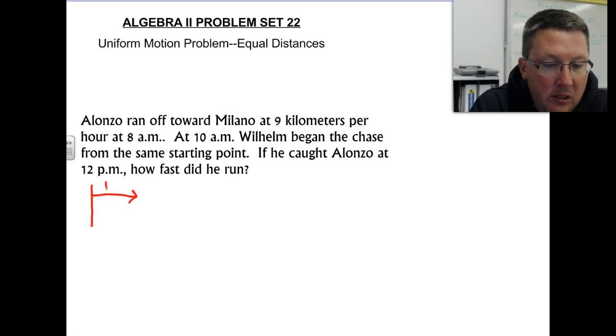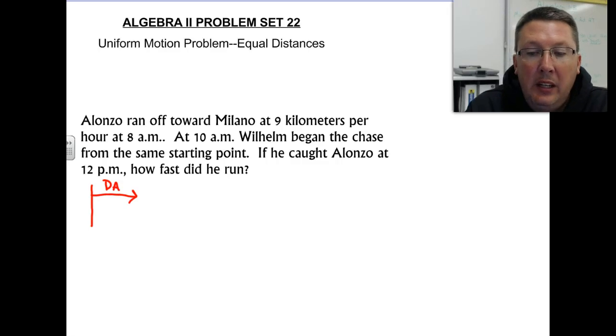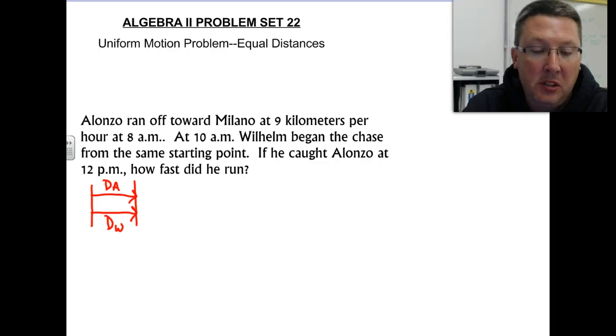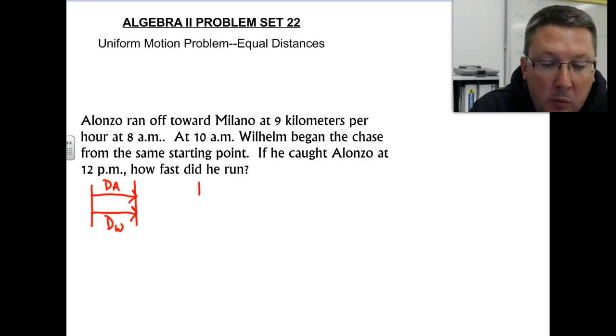So here's our distance for Alonzo. A little while later, Wilhelm began to chase after Alonzo from the same starting point, and he eventually caught up with Alonzo. So here's distance for Wilhelm. He started in the same place and eventually caught up. So there's my picture. These two distances should be equal.